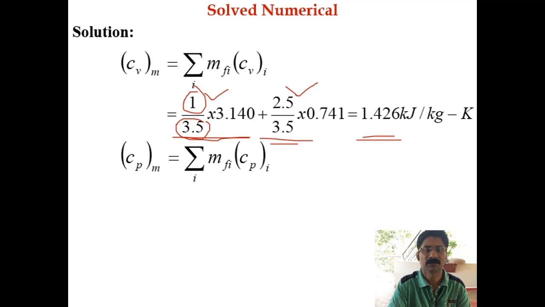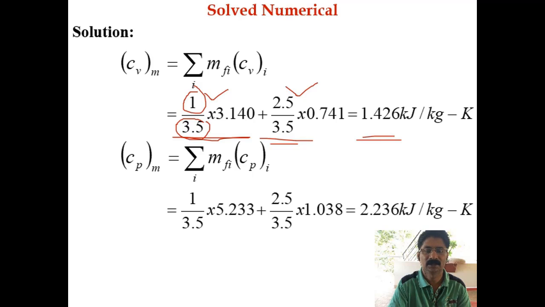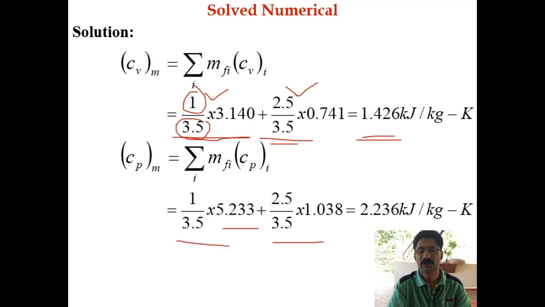Similarly, specific heat of the mixture at constant pressure, summation of mass fraction into Cp of each constituent gas, so 1 by 3.5 into 5.233 plus 2.5 by 3.5 into 1.038. So this is 2.236 kilojoules per kg per Kelvin.